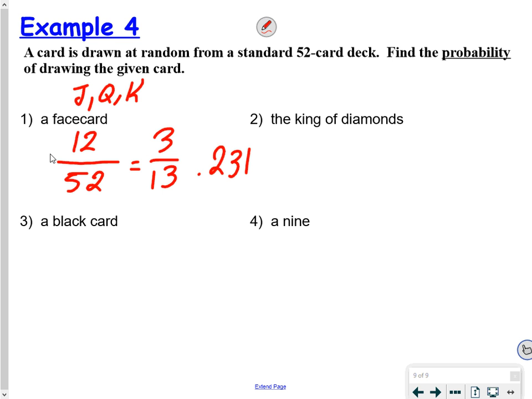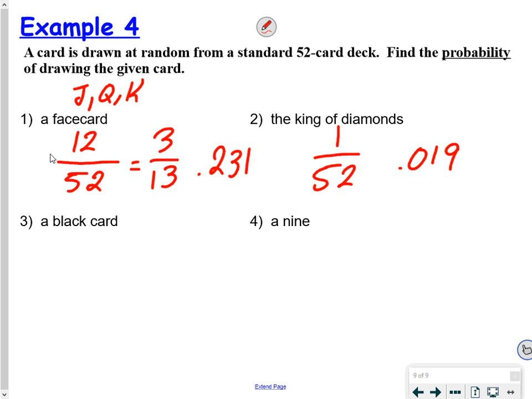All right, and then in the next one, we want to find the probability of drawing the king of diamonds. So we have to figure out how many kings are diamonds. Okay, how many king of diamonds do we have in the deck? All right, there's one king for every suit. So that means there's only one king of diamonds. So that's 1 out of 52, and if we round that to the nearest thousandth, that's 0.019, or 1.9%.